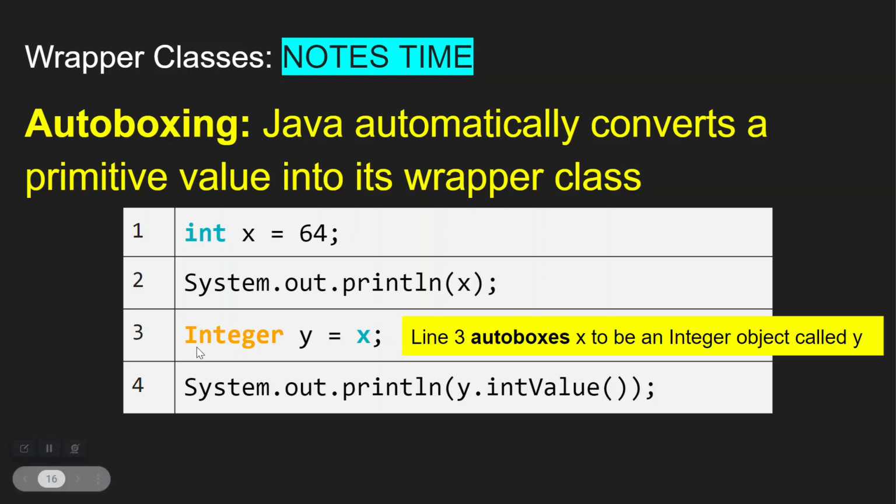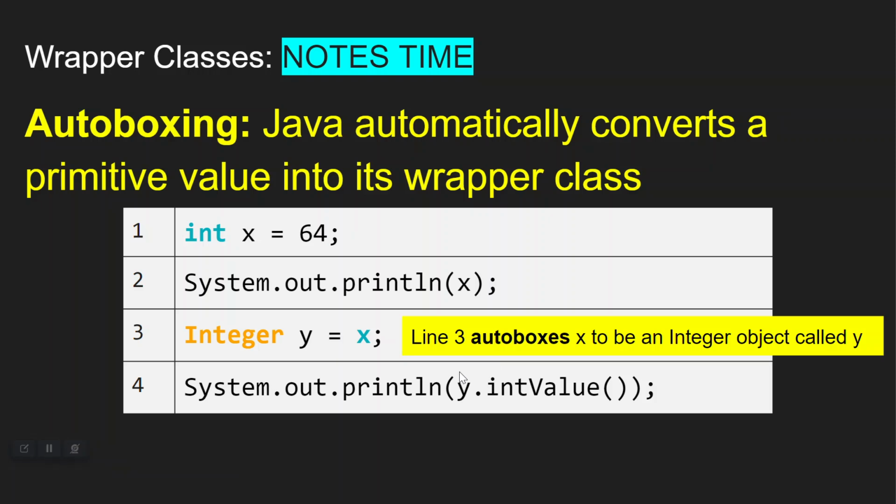But then check it out. Down here it says Integer y is equal to x. So what this is going to do is take our primitive data type of 64, and automatically convert it into an Integer object called y, and that is called auto-boxing. It's taking a primitive data type and putting it inside that fancy box of the Integer class.